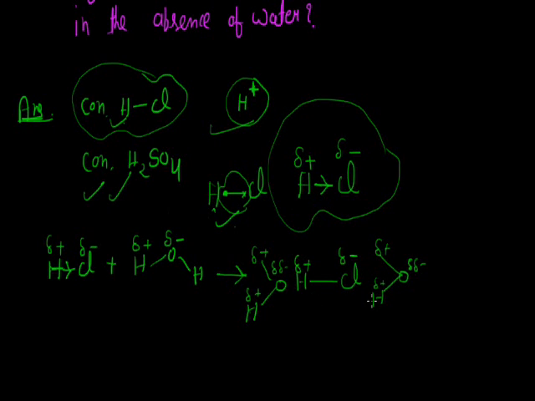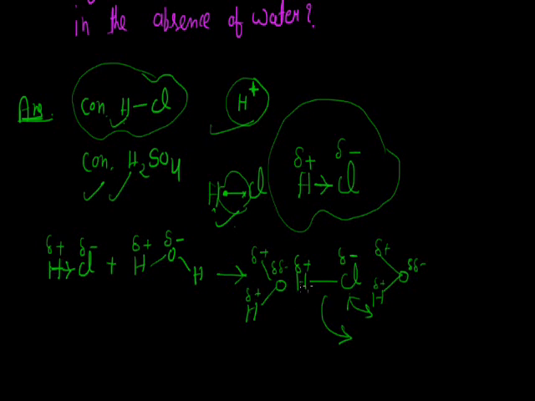Similarly, the hydrogen of HCl has delta plus, so the negative side of water again forms an envelope with HCl. Due to the interaction between delta minus of HCl and delta plus of water, and between delta plus of HCl and delta minus of H2O, the attraction force between H and Cl is weakened. Finally, the water overcomes the force which acts between H and Cl, or water breaks down the bond which exists between H and Cl.